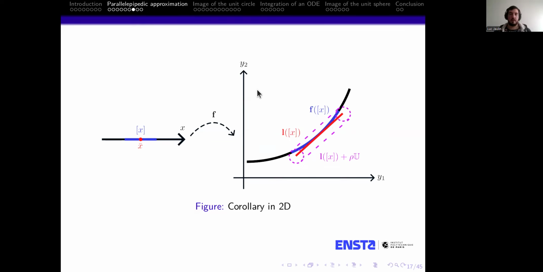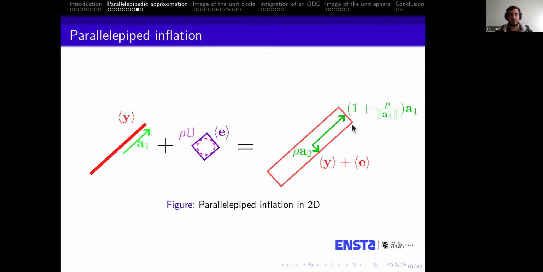So what we want to do, we are working with parallelepipeds, is to find a parallelepiped that contains this pink set. To do so, the idea here is represented in 2 dimensions. I have my linear approximation; in 2 dimensions, it's a segment described by a center and one vector. I take a parallelepiped enclosing my rho u, so my disk of radius rho, and I compute the Minkowski sum of these two sets.